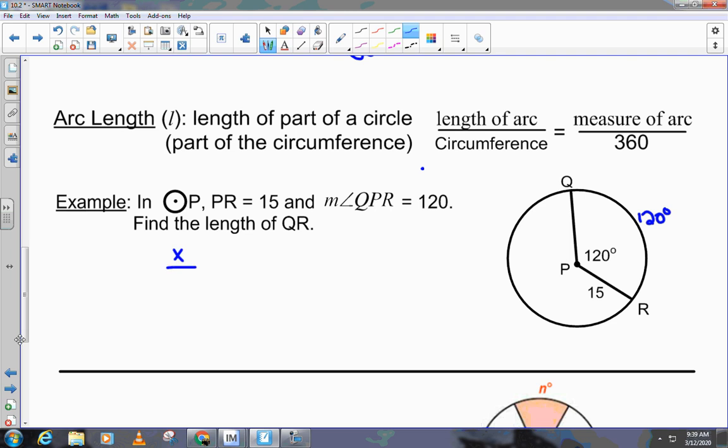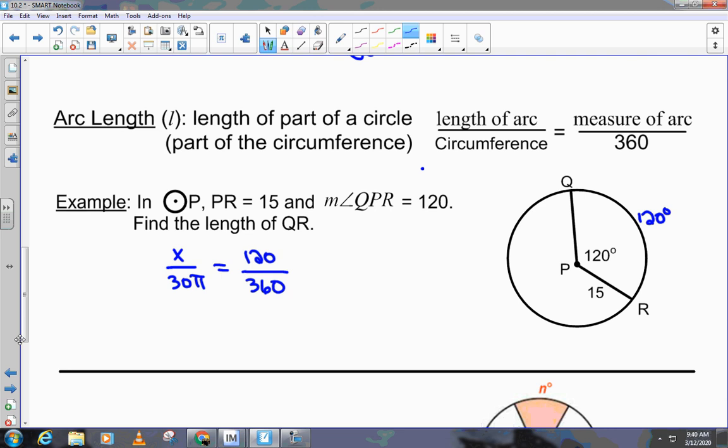What's the circumference? 30 times pi, because the radius is 15, which means the diameter is 30 times pi, right? So that would be 30 pi. And then we take the measure of the arc, which is 120 degrees, out of the entire circle, which is 360. Okay? So the arc length is to the circumference, the measure of the arc is to 360. Part to whole, part to whole.